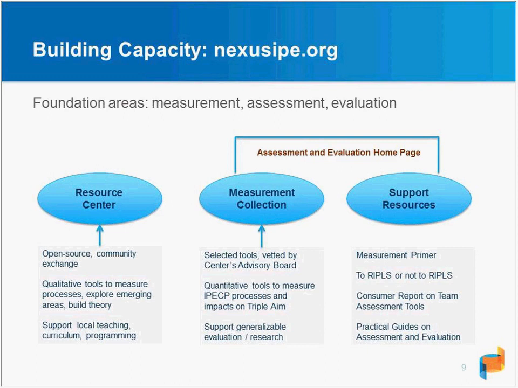So we now have an assessment and evaluation homepage, which houses a measurement collection that has been vetted by an advisory board. It is quantitative tools to measure interprofessional education and collaborative practice processes and impacts on the triple aim. And it supports generalizable evaluation and research.